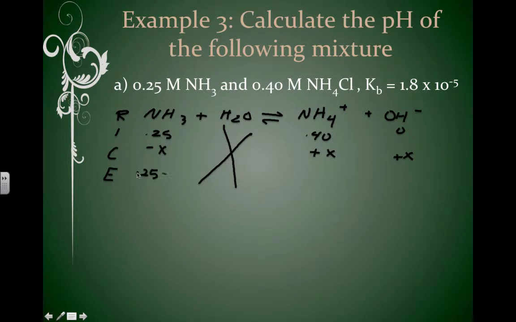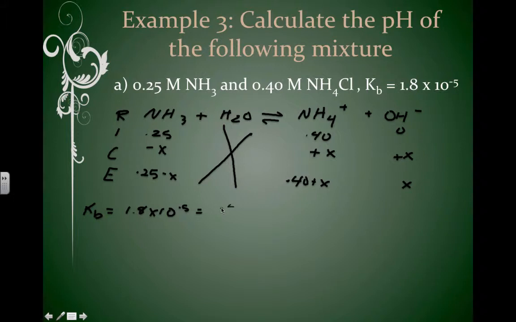And then what do we get? 0.25 minus x, 0.4 plus x, and then x for the hydroxide. So we have a little extra step, but it's no big deal. We know that Kb, since we have hydroxide, is equal to 1.8 times 10 to the minus 5, and that is going to be our products over reactants.